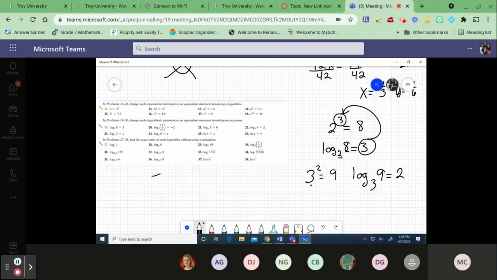What would you write if y'all have a to the second is equal to 1.6? What would that look like as a logarithm?